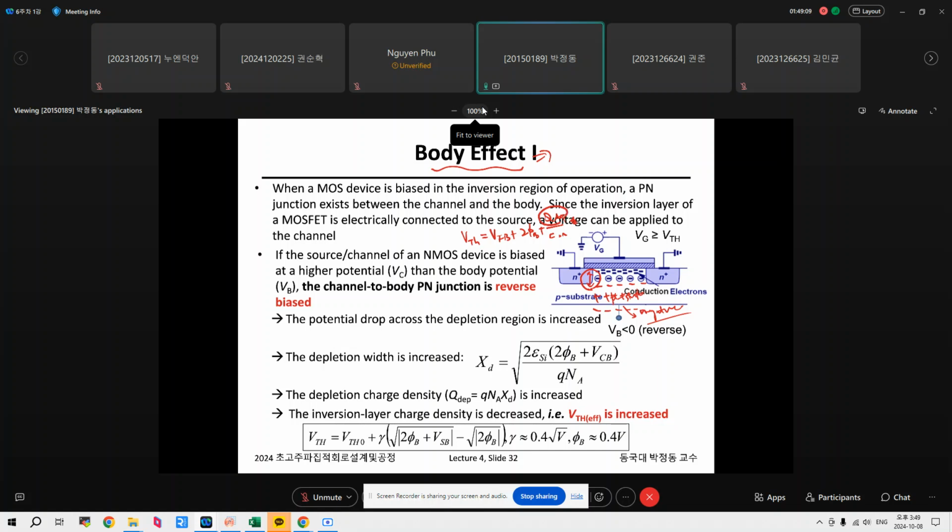Q depletion is increased, which means the V threshold is increased. Therefore, V threshold is a function of V body source. You notice that this V body source is always less than the gate, which means that this is reverse biased.